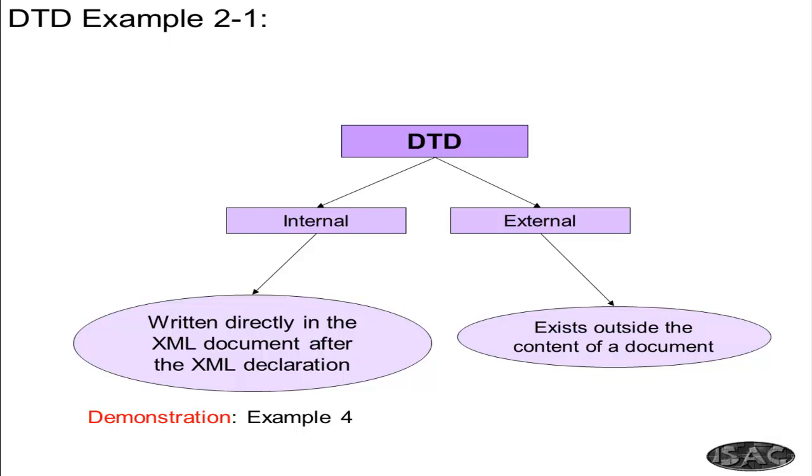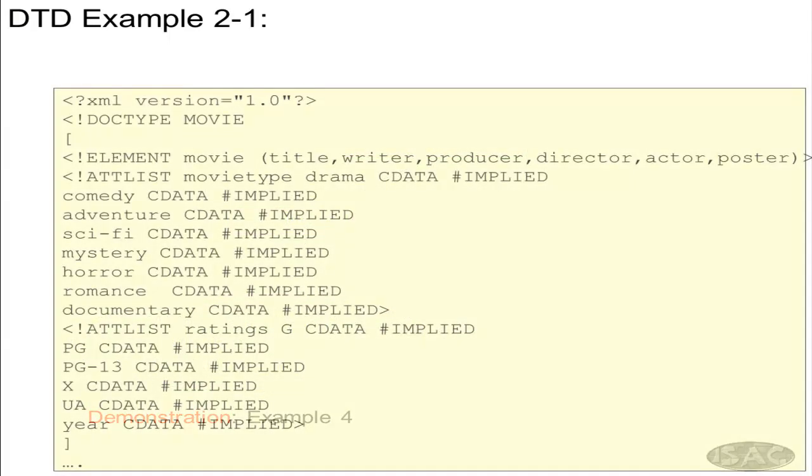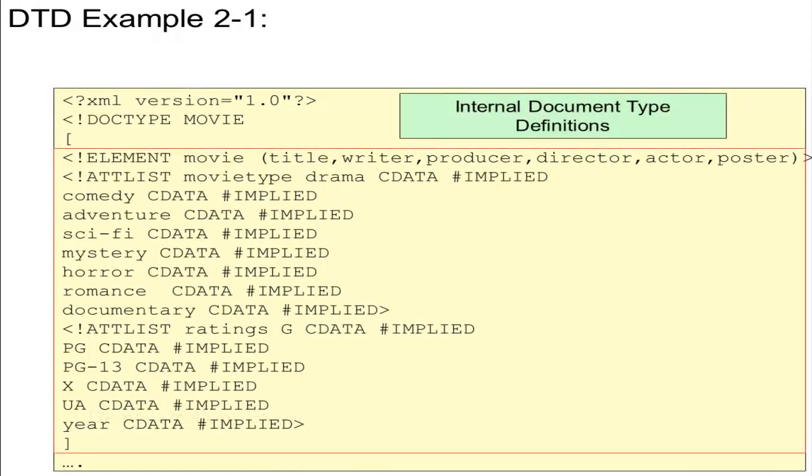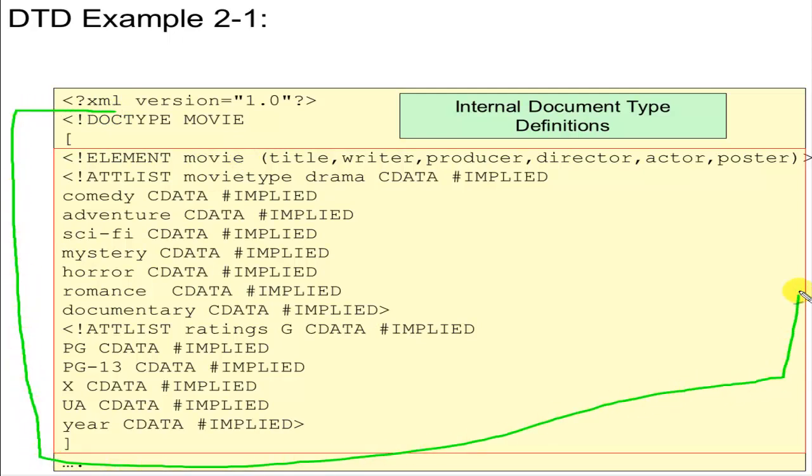So your XML document will refer to external DTD documents, but sometimes they are internal. Now here you can see that we are declaring an internal DTD. This is the DTD, okay? Internal DTD.